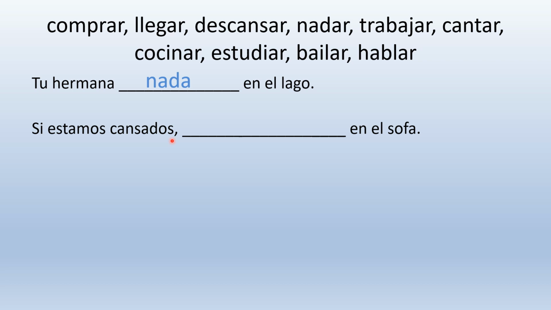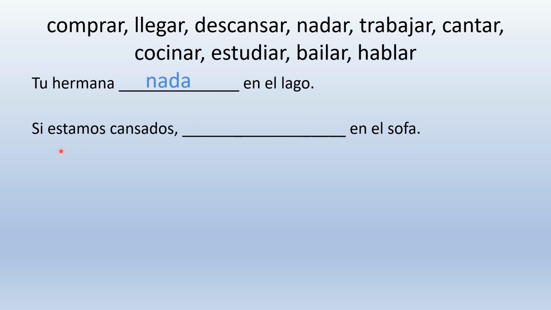Cansados is tired. Blank en el sofá. And this sofá should have an accent mark over the A, so that is a mistake. So correct it on your notes. On the sofa or on the couch.